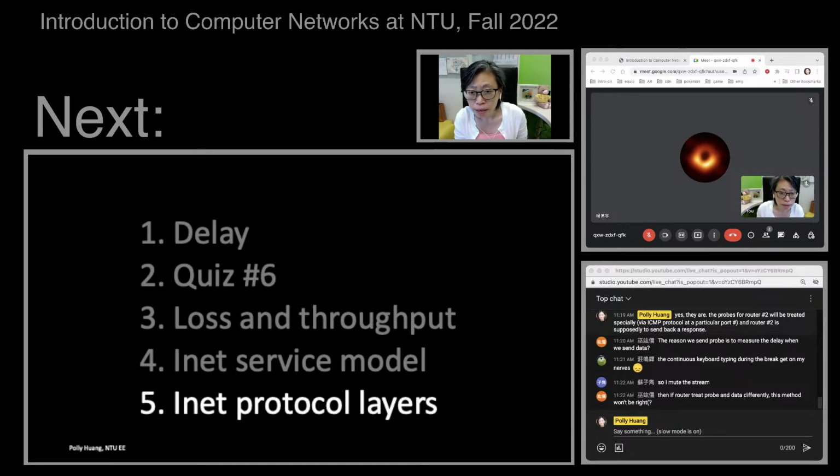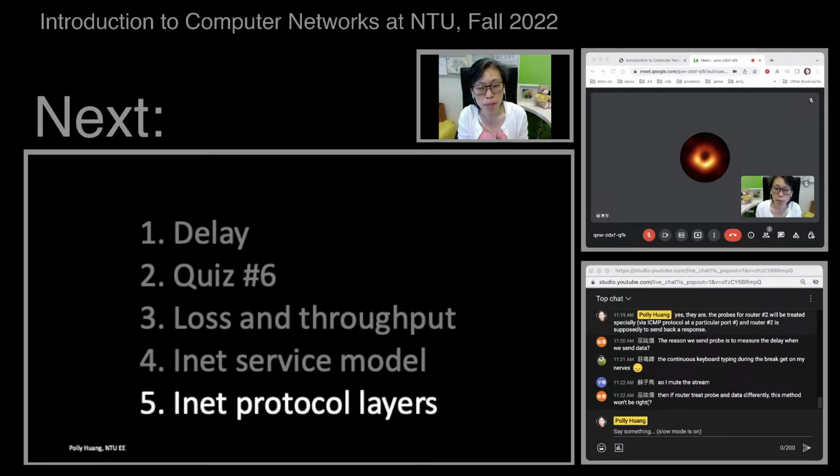If router 3 treats probes and data differently, this method won't be right. I understand your point.